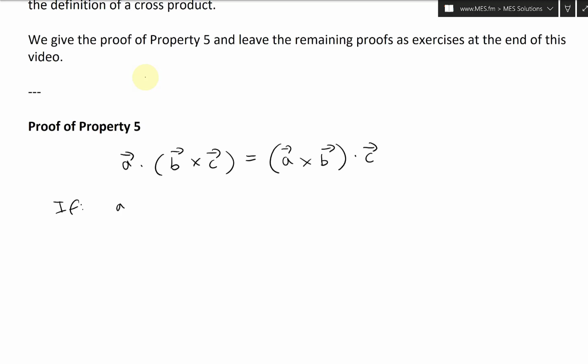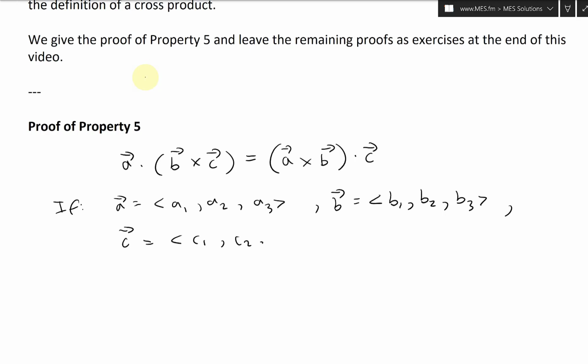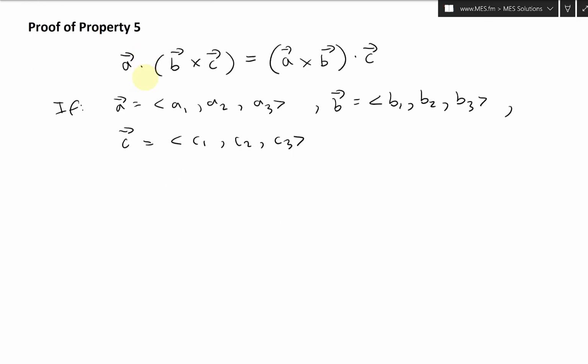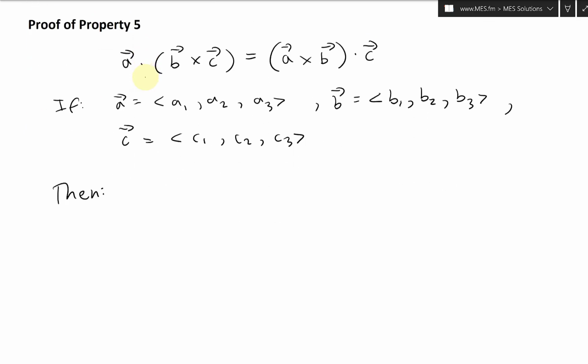So if A vector has components A1, A2, A3, and then the B vector has components B1, B2, B3, and the C vector is equal to C1, C2, C3. Like that.